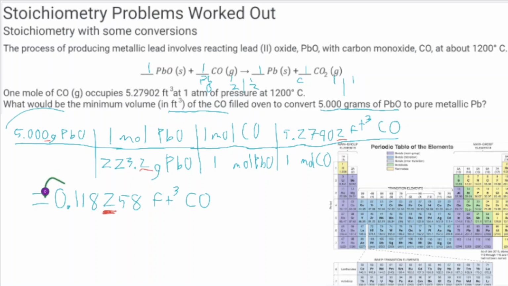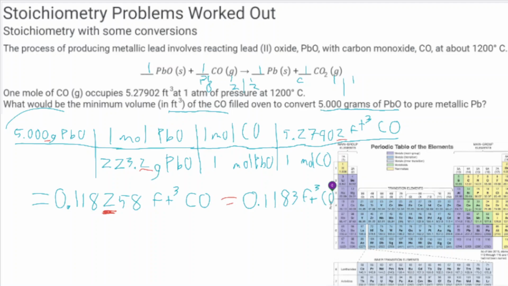The 0 over here is just a placeholder, so it's not going to count towards our significant figures. All right, so we can go ahead and rewrite that. We get 0.1183 cubic feet of carbon monoxide.